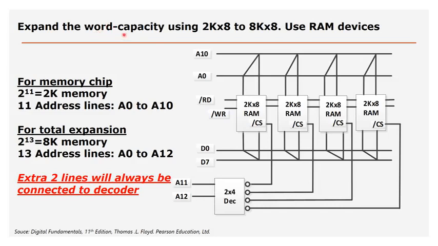Now let's look at this word capacity expansion. Let's assume I've got 2K by 8 memory devices, in this case RAM, and I want to expand it to become an 8K by 8. Well, immediately I can see 2K to 8K means that I will need to use 4 of these devices to get me to this 8K by 8, which means the output data bus will be connected in parallel.